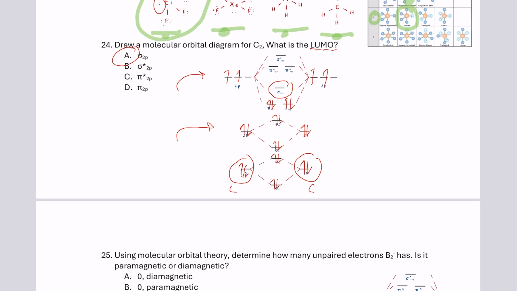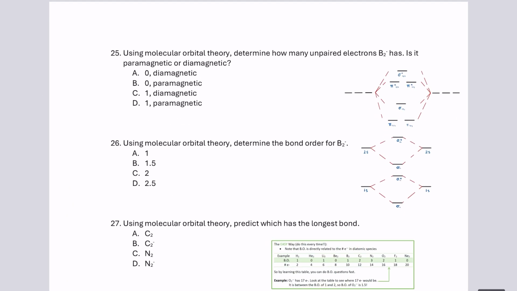Problem 25 says, using molecular orbital theory, determine how many unpaired electrons di-boron anion has. Is it paramagnetic or diamagnetic? Each boron atom has 5 electrons.